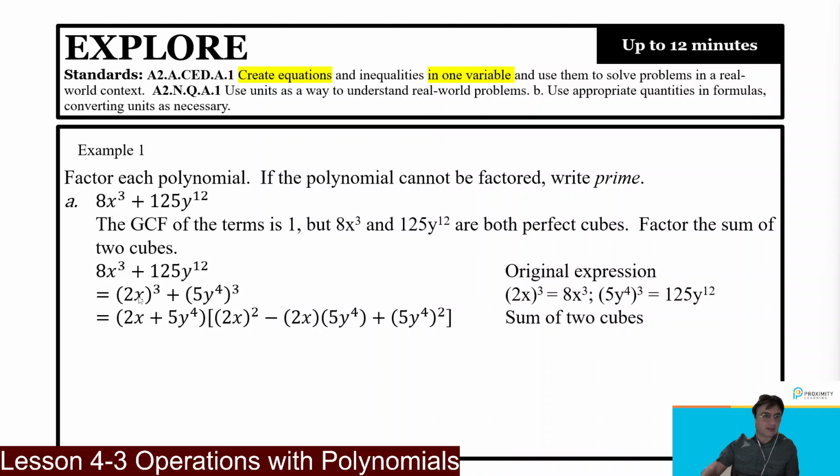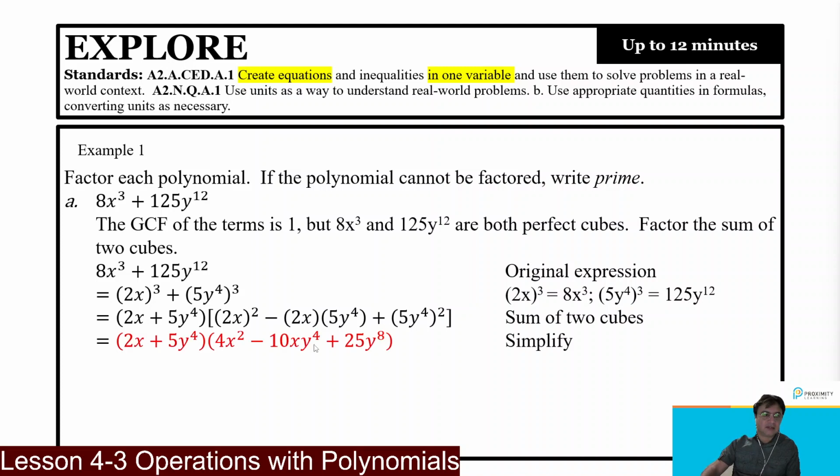So we have 2x cubed plus 5y to the 4 cubed, which means that we'll have 2x plus 5y to the 4th, which are coming from here, and then we'll have the first term squared, minus the product of the first and second term, plus the square of the second term. So we have 2x squared minus 2x times 5y raised to 4 plus 5y raised to 4 squared.